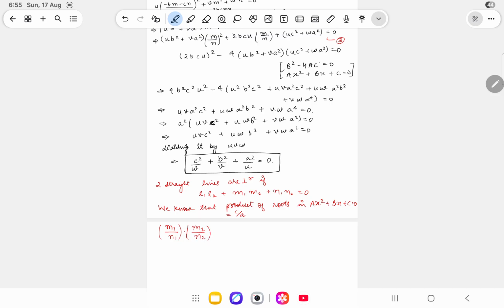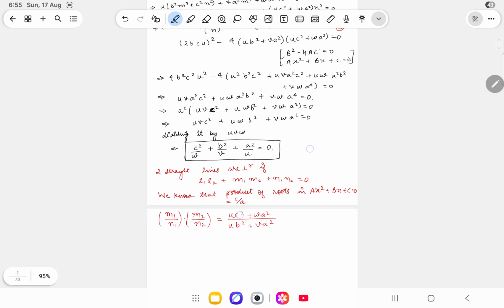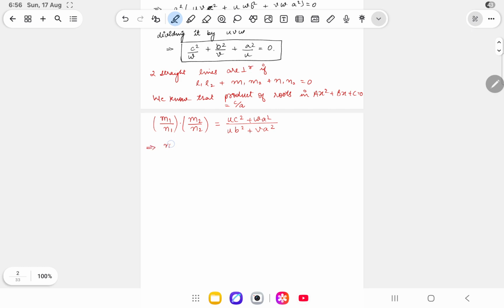Here m1 by n1 and m2 by n2 I am considering as two roots of this quadratic equation, must be equal to the constant term, u c square plus w a square, upon the coefficient of m by n square. I got it as u b square plus v a square. So from here I will get m1 m2 upon u c square plus w a square equals to n1 n2 upon u b square plus v a square. Let us name this as equation 4.